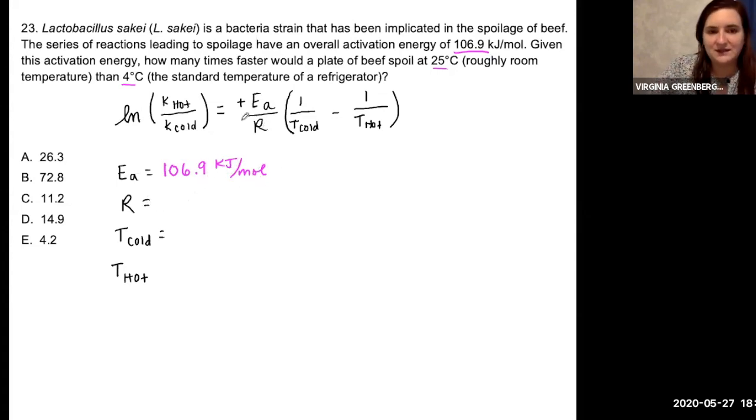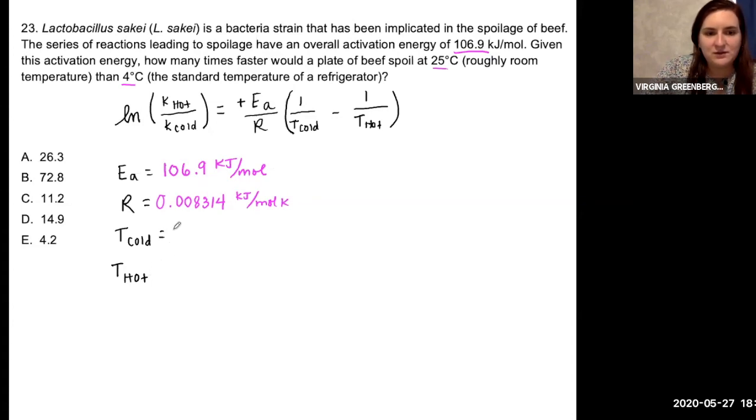And so I want it to match the activation energy units. And if I just left it in joules, they wouldn't match. So I'm going to change it to be in kilojoules. If you prefer to change activation energy, that is a-okay. As long as they match, doesn't matter if it's joules or kilojoules.